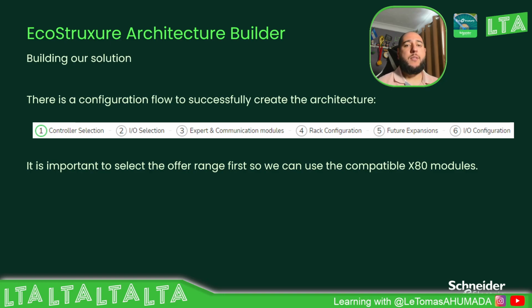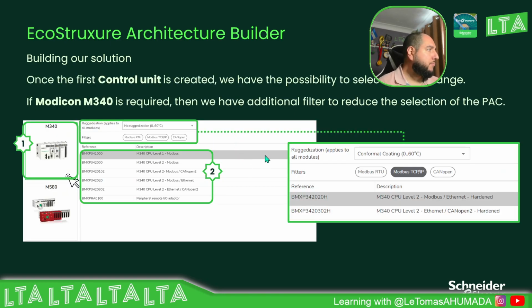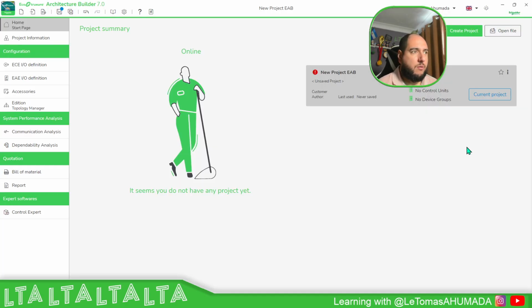And finally the I/O configuration, how many channels or I/Os you want based on the configuration in parts 2 and 3. So the first thing is to select the controller. Let's have a look at the software itself.